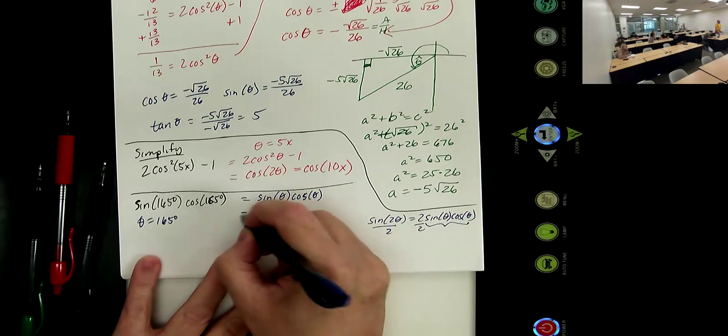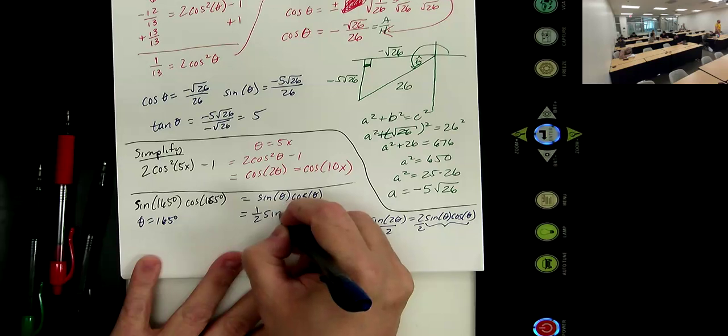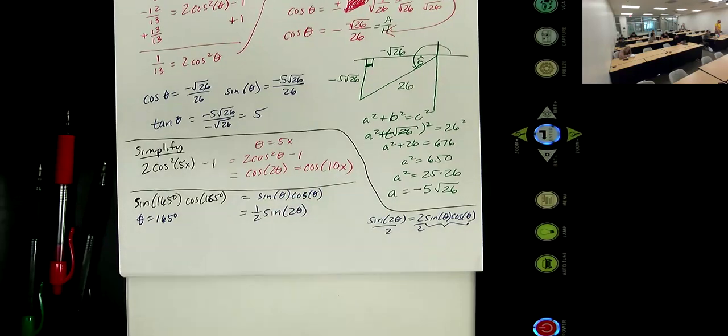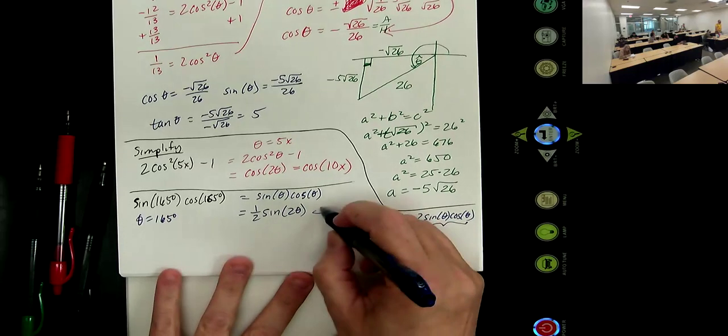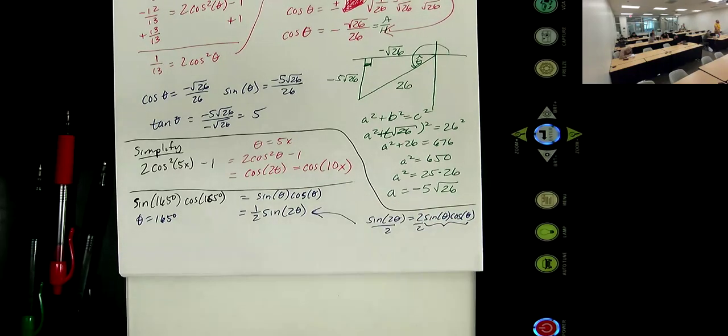I'm gonna get this equals 1/2 sine of 2 theta, or sine of 2 theta divided by 2.